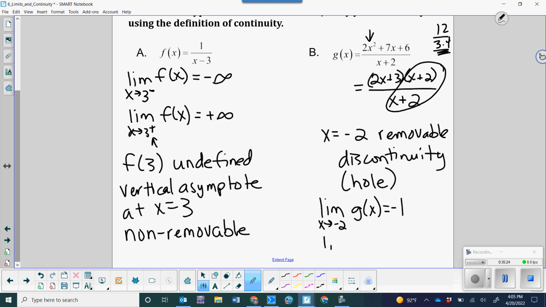So the limit as I approach -2 does not equal the function value at -2 because the function in fact doesn't have a value at -2, so it can't be equal. All right, so the last examples are examples that we can cover in class, but that should give you a pretty good idea about continuity.